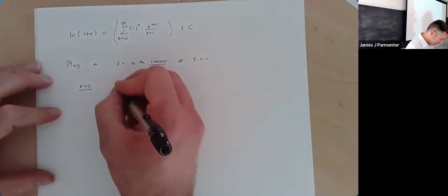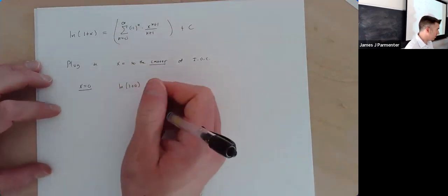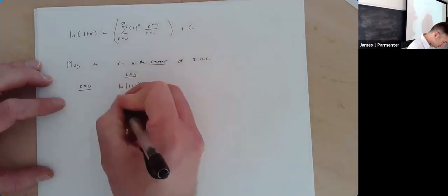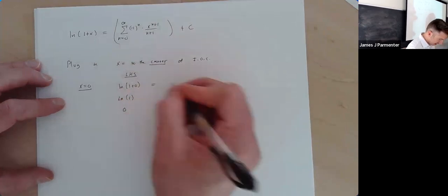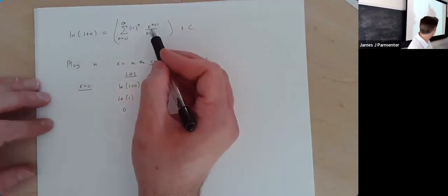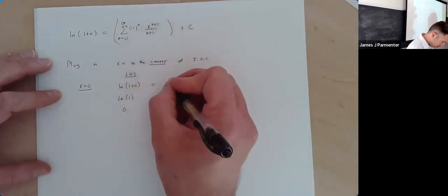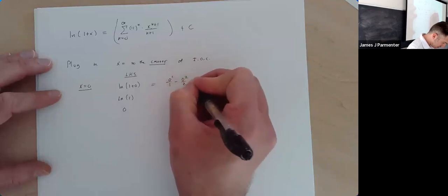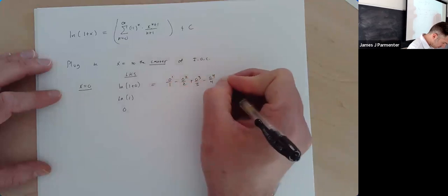On the left-hand side, I get the natural log of 1 plus 0, which is the natural log of 1, which is 0. On the right-hand side, if I plug in 0 for x, well, look what I'm getting. I'm getting 0 to the 1 over 1 minus 0 squared over 2 plus 0 cubed over 3 minus 0 to the 4th over 4.